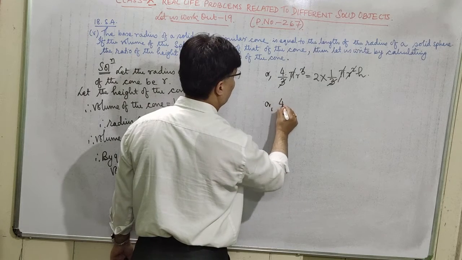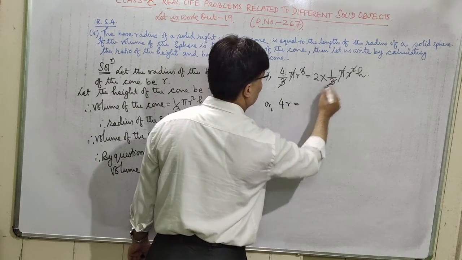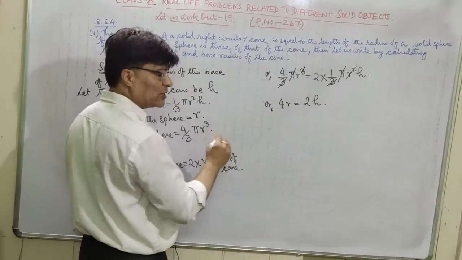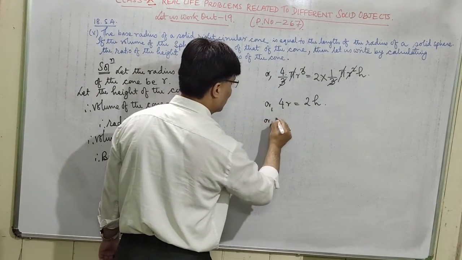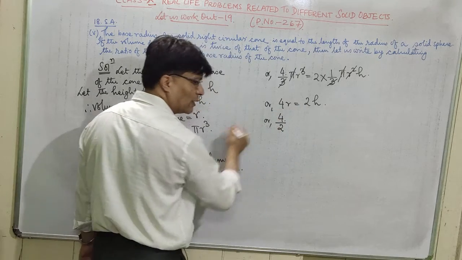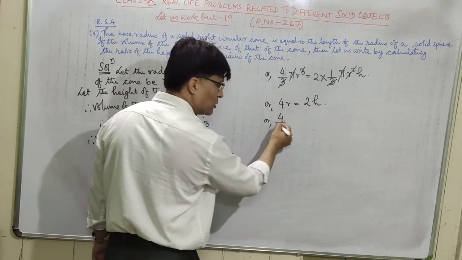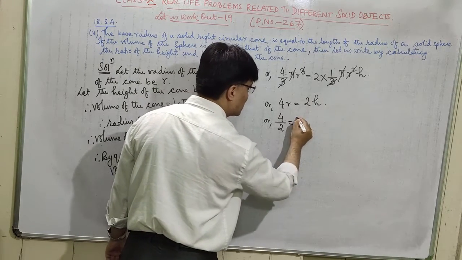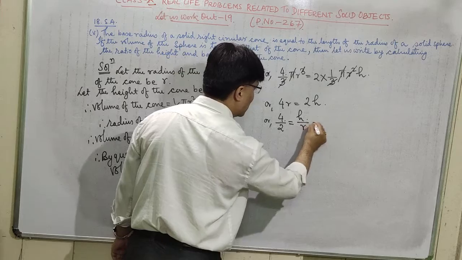So what do we get? 4r is equal to 2h. Is that clear? So let us find h upon r. 2 is taken to the left hand side, it goes to the denominator, so 4 by 2 is equal to h upon r.